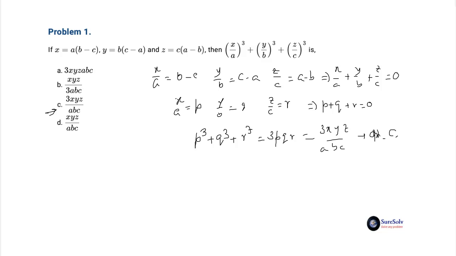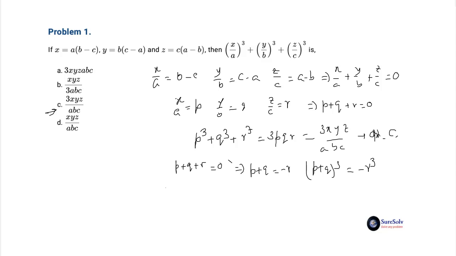Let us explain briefly how this result happens. p plus q plus r equal to 0 means p plus q equal to minus r. Raising it to cubes, (p plus q) whole cube equal to minus r cube.